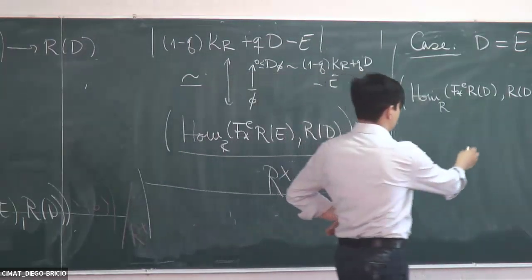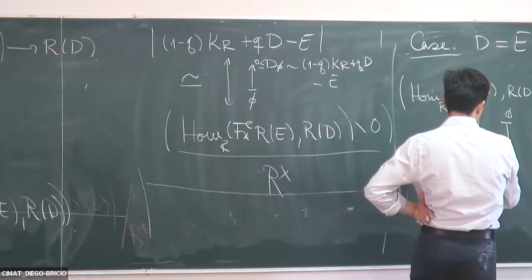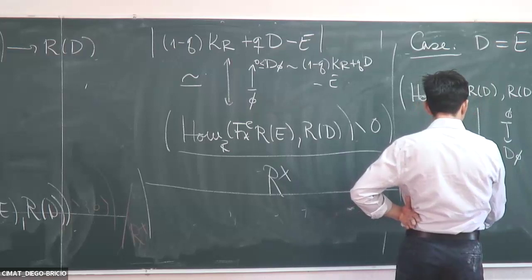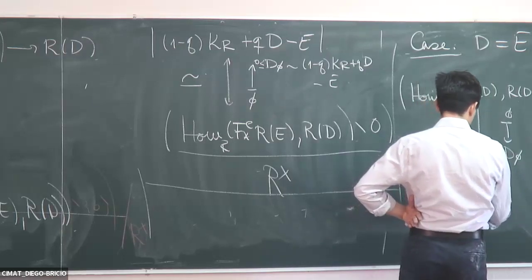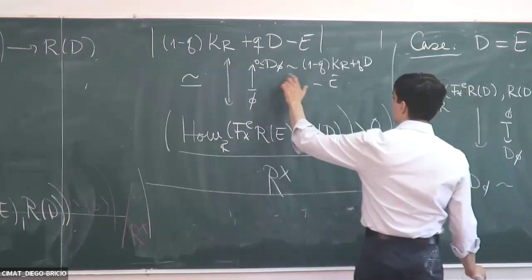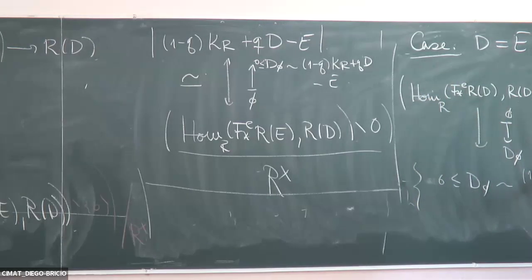And we're going to say that two maps are equivalent if they're obtained from one another by multiplication by units. Okay? So to a phi, I'm going to associate a d phi that is effective and linear equivalent to, now what do we have? We have 1 minus q kr, right?